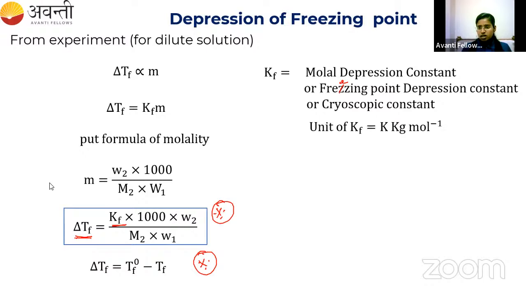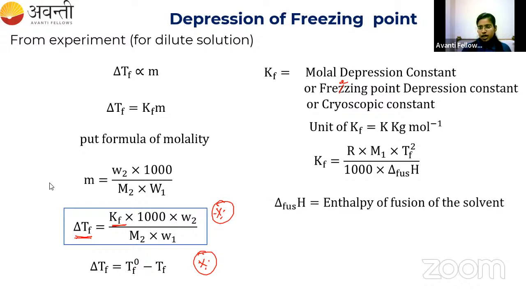And also we have one relationship between Kf and delta H of fusion. There it was delta H of vaporization because that is the boiling point. When a liquid boils, it produces vapors, right? But here it is about the freezing point. So the molecules will come closer to each other and get fused with each other. So the enthalpy of fusion of the solvent is related with Kf.